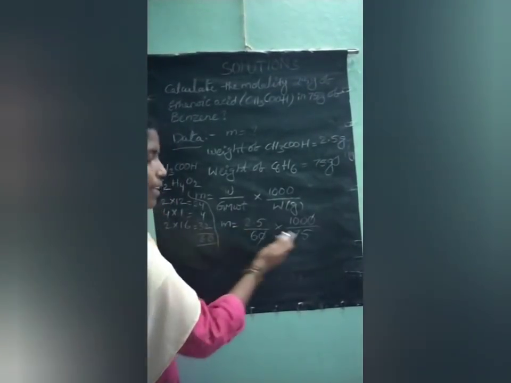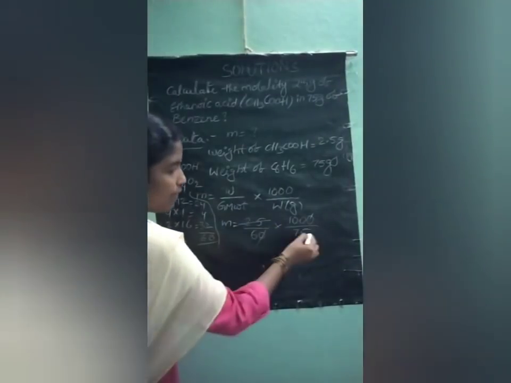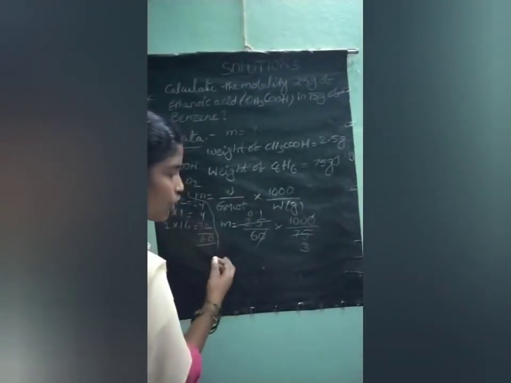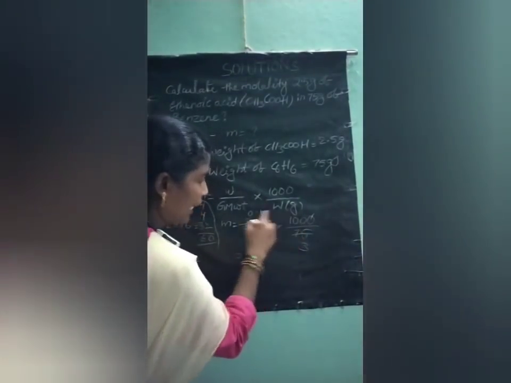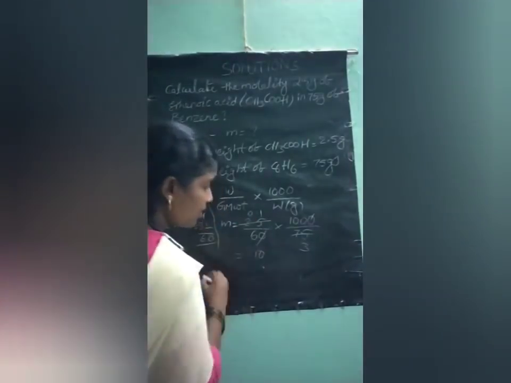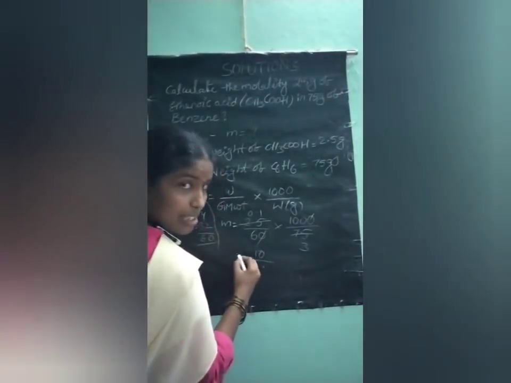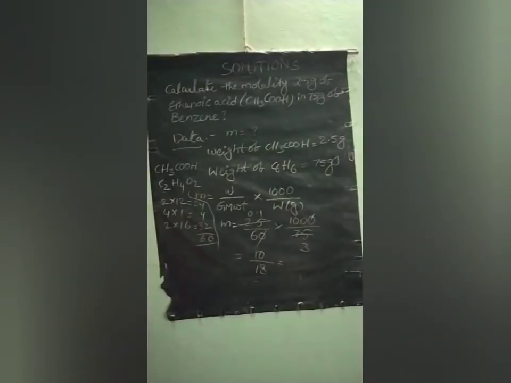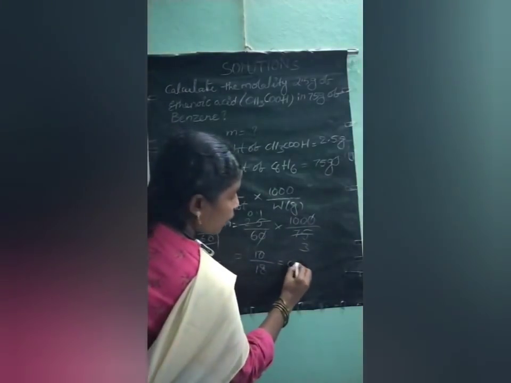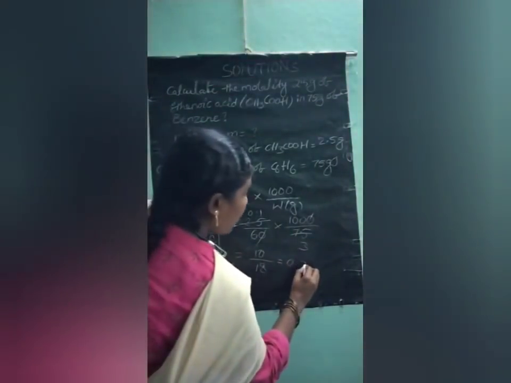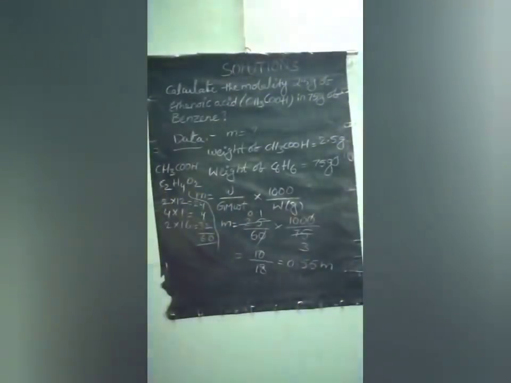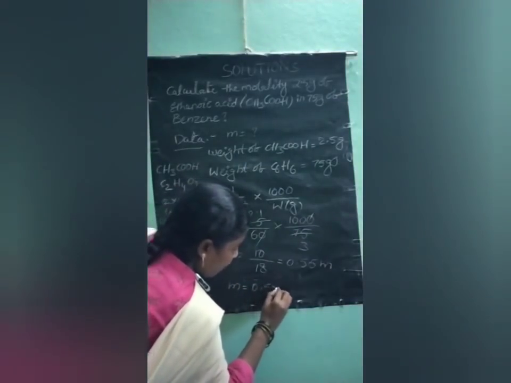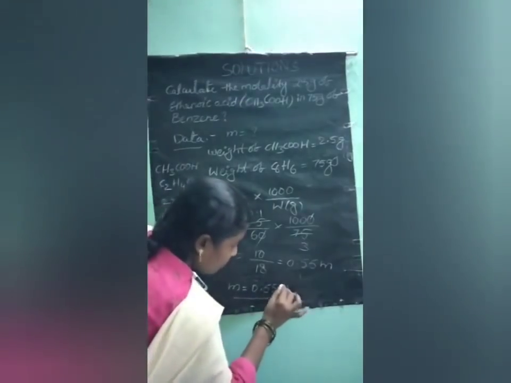So 25 ones are 25, 25 threes are 75. So 100 into 0.1 means 10 by 6 into 3. 6 threes are 18. So we get the answer 0.55 molal, small m. This is the final answer, 0.55 small m.